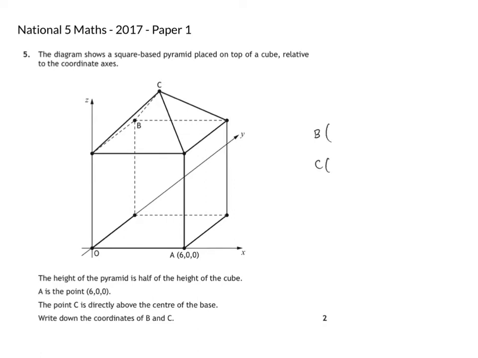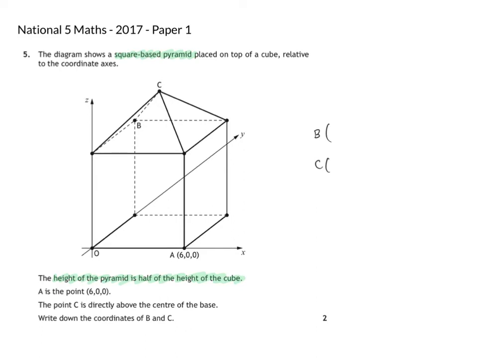But some of the things we need to know. So important stuff in this question is it tells us that it is a square-based pyramid, and it tells us that the height of the pyramid is half of the height of the cube. So that's everything we kind of need to know, as well as that one coordinate point.